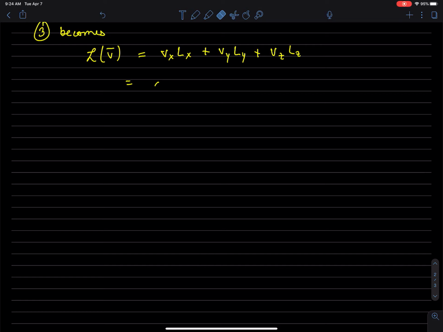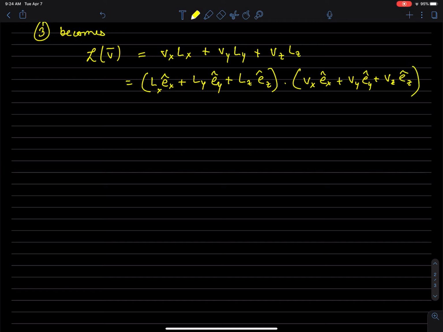So this expression could be written in the following form: Lx Ex plus Ly Ey plus Lz Ez dotted with Vx Ex plus Vy Ey plus Vz Ez, okay, or some vector L dotted with V, okay.